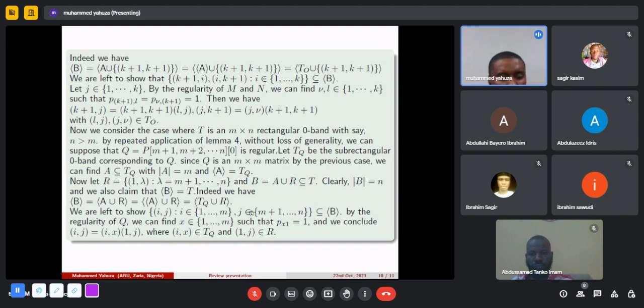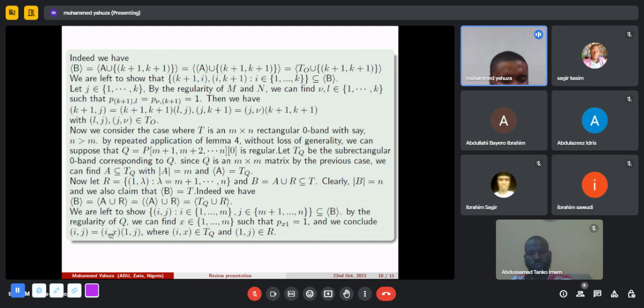So by the regularity of Q, we can find x in this set such that the entry corresponding to (x, 1), that is the x row and 1 column, is equal to 1. And we conclude that (i, j) is equal to (i, x) into (1, j), where (i, x) is coming from TQ.